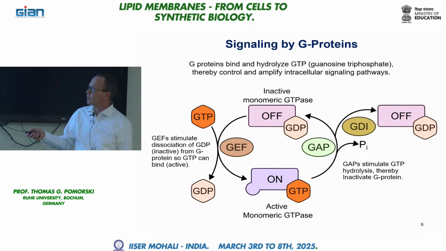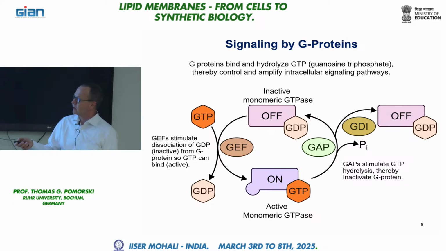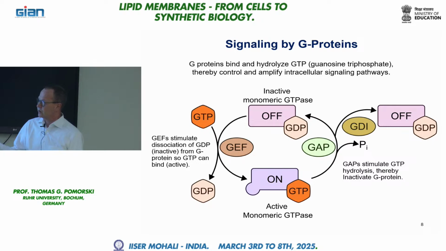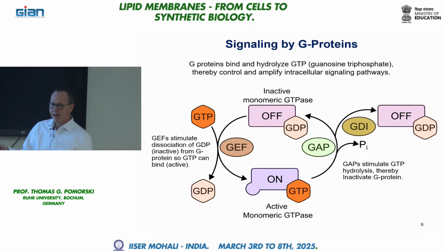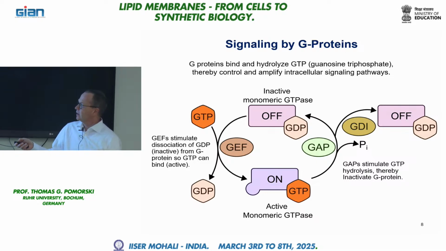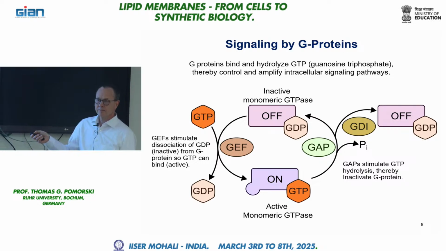You don't need to remember this for this course. It's only for those who are very interested. Important is that we have a switch that can change between 2 conditions, and this switch is again controlled by helper proteins. There's even another helper protein that can move these G proteins into an inactive state.